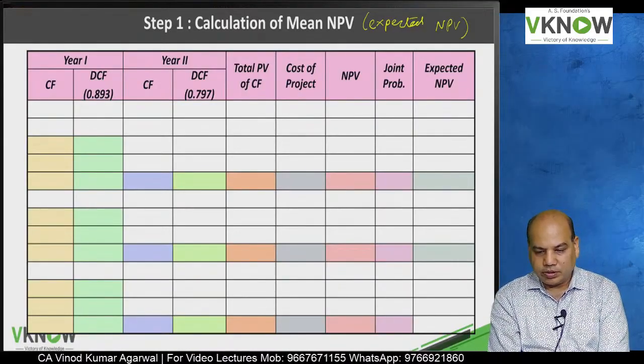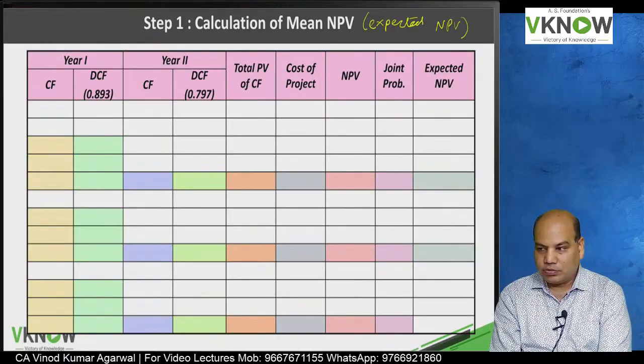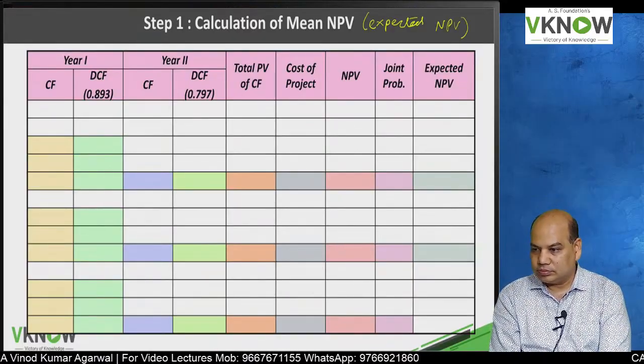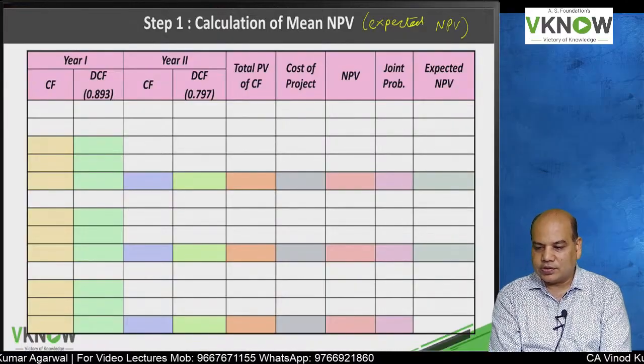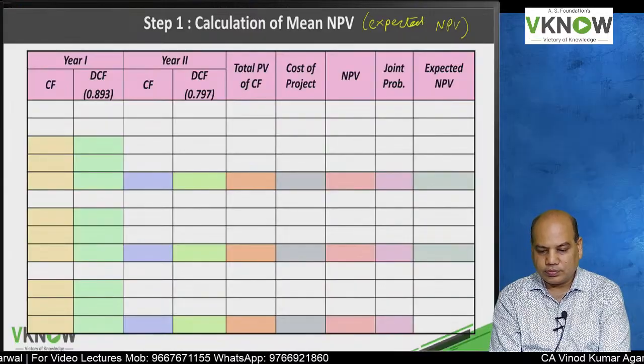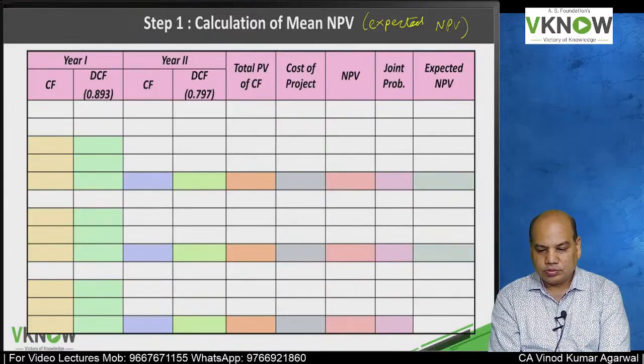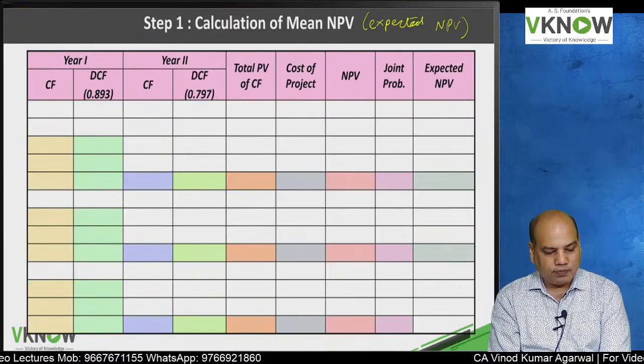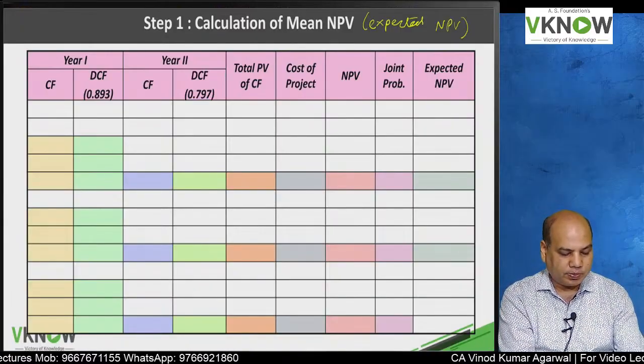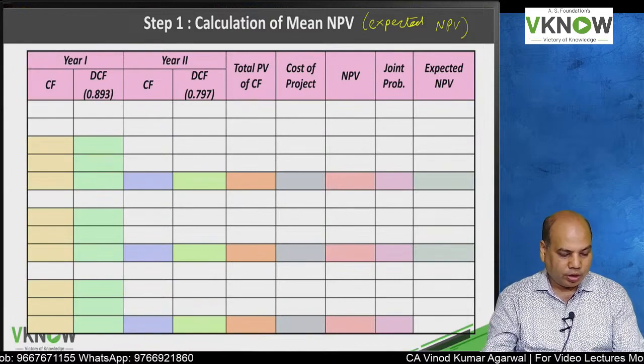Calculation of mean NPV or expected NPV. Year 1, under year 1 two columns, exactly the same problem we have done, and it was given as homework also. Cash flow, discounted cash flow, the PV factor for 12% and 1 year, 1 divided by 1.12, 0.893.